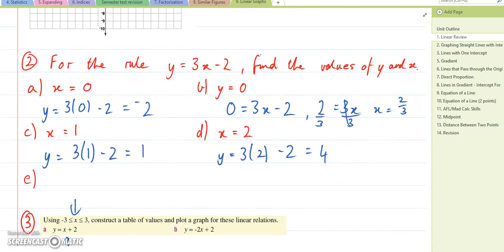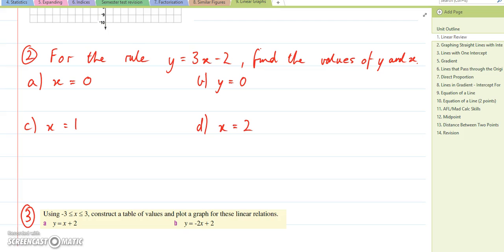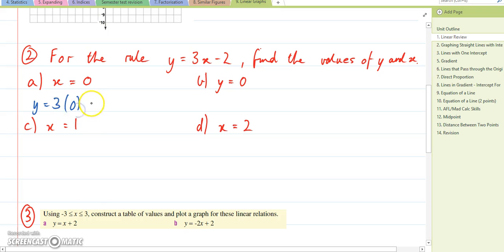So here we're just subbing in different values for x and y and solving for our unknown pronumeral there. So it could be x or y. If we sub in x equals 0, we could write this as y equals 3 times 0 minus 2. 3 times 0 is nothing, so when x equals 0, y equals negative 2.